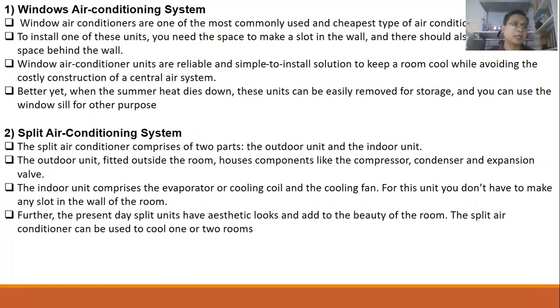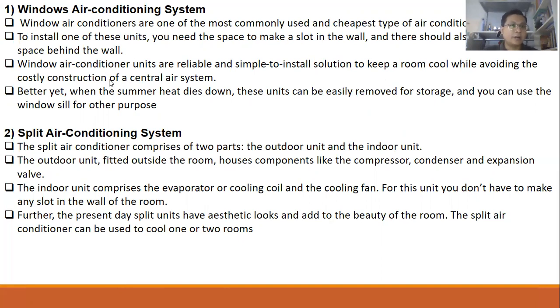We make a small hole there, exactly the size of the aircon, and put the aircon system there. We may install it only in certain rooms, and for other rooms we should install the window air conditioning unit.